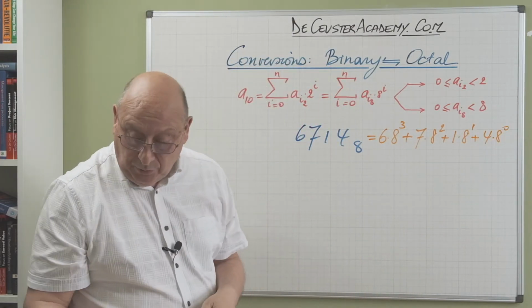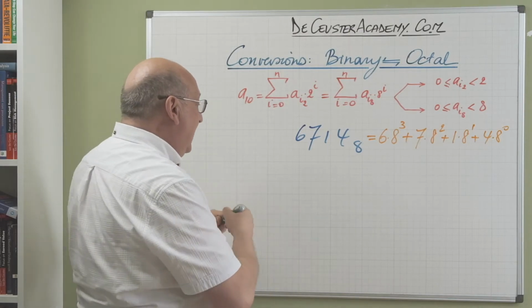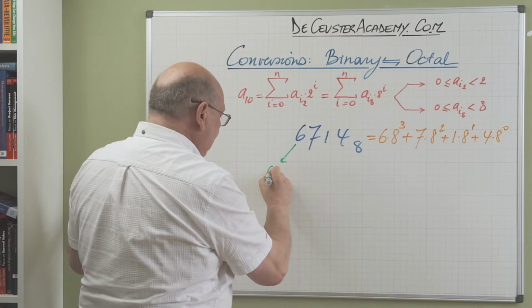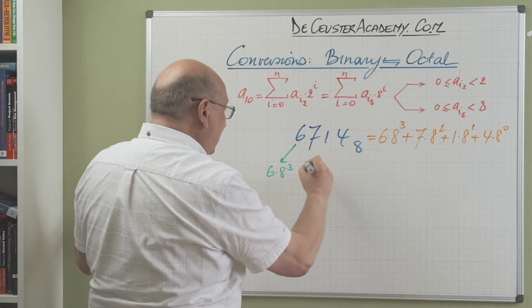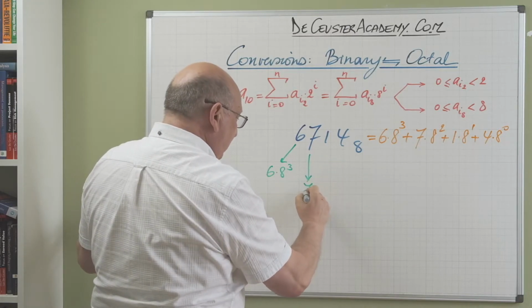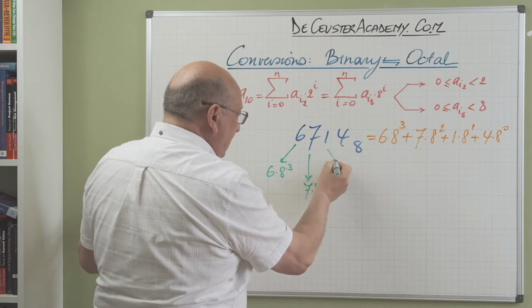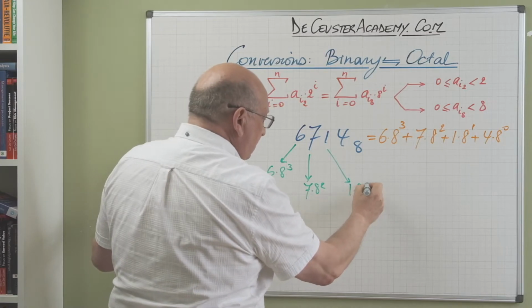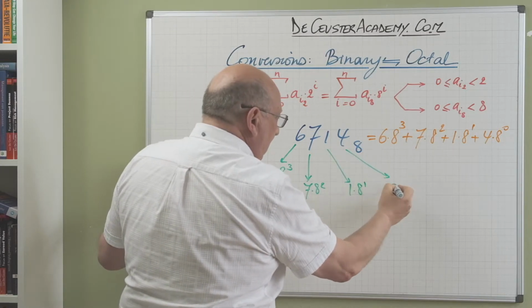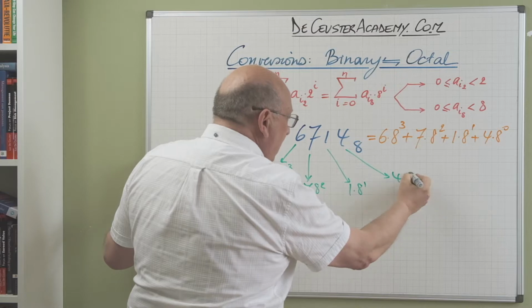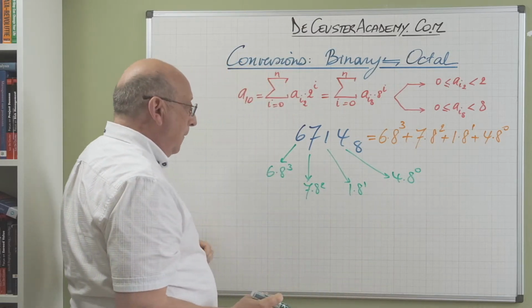So basically when we look at this number, this is 6 times 8 to the power 3. This is 7 times 8 to the square. This is 1 times 8 to the power 1. And the last number is 4 times 8 to the power 0.